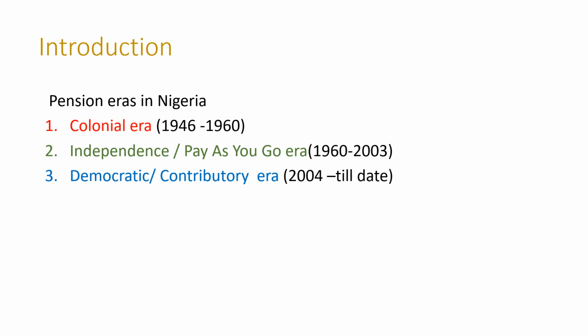Then that takes us to the third era, which is known as the democratic era or the contributory pension scheme era, which dates from 2004 till date. The new scheme is a defined contribution scheme.